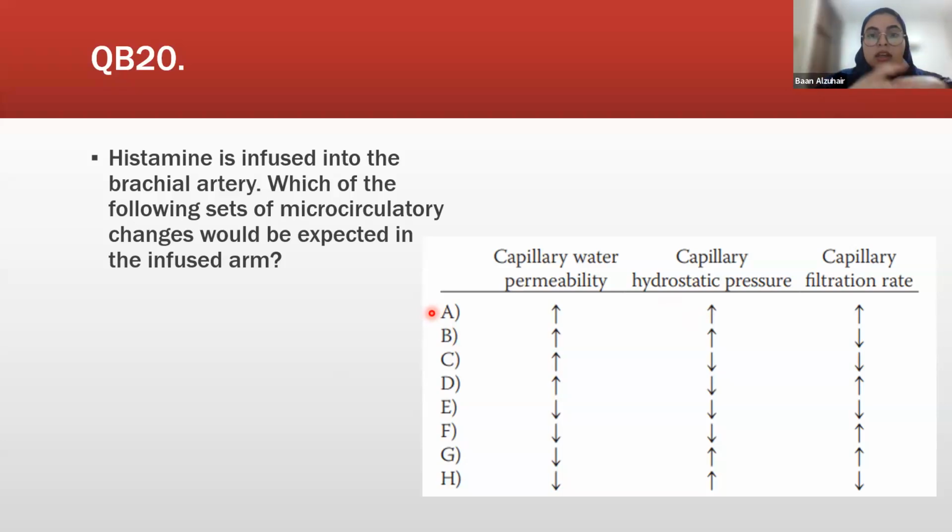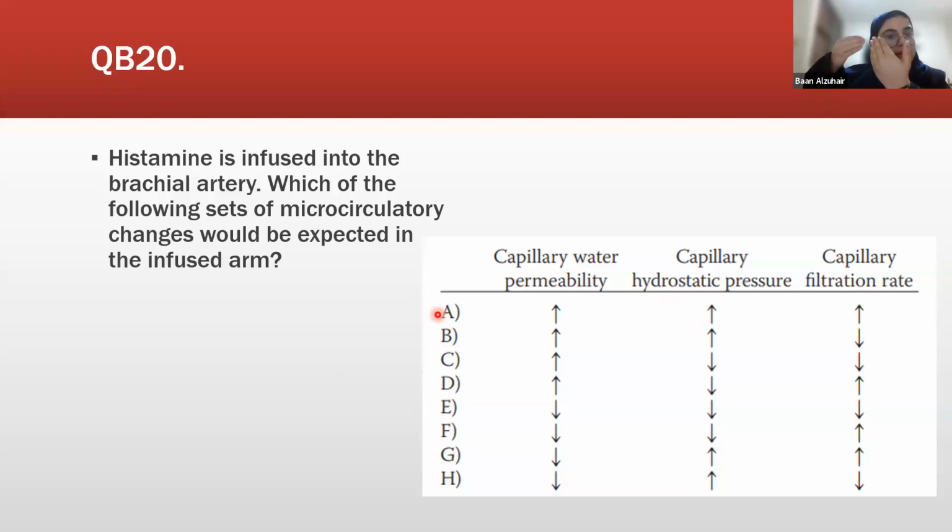If you have more leakage, that means you're going to increase the capillary filtration rate. Do you guys know the difference between filtration and reabsorption? Reabsorption is taking fluid from the interstitial space into the capillary. Filtration is moving fluid from the capillary into the interstitial space.